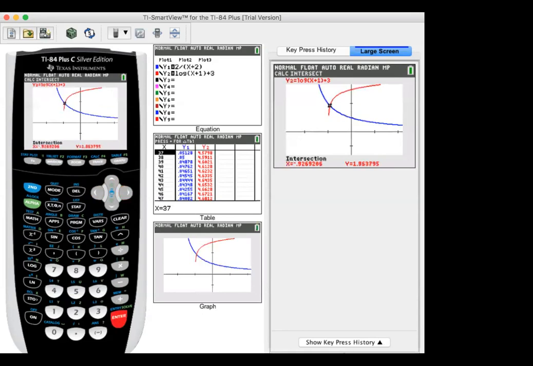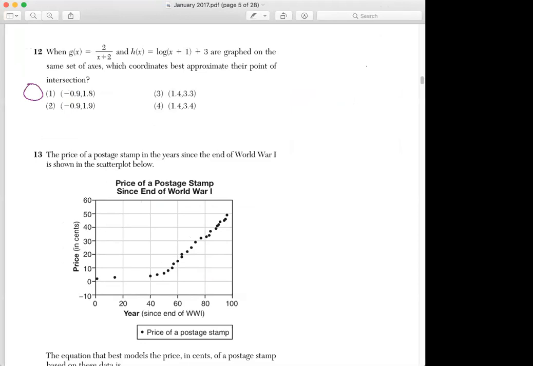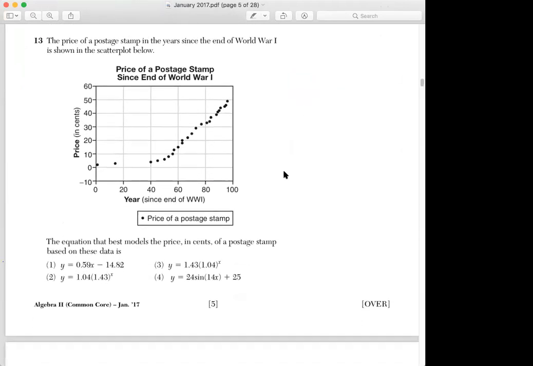Answer is negative 0.9 and 1.8. Answer choice 1. Okay, let's move on.